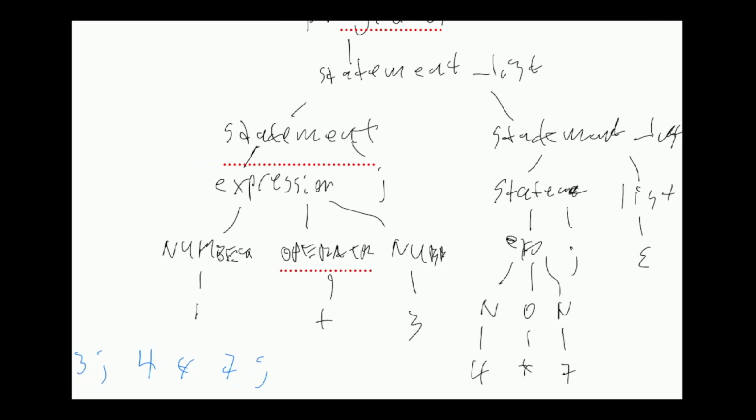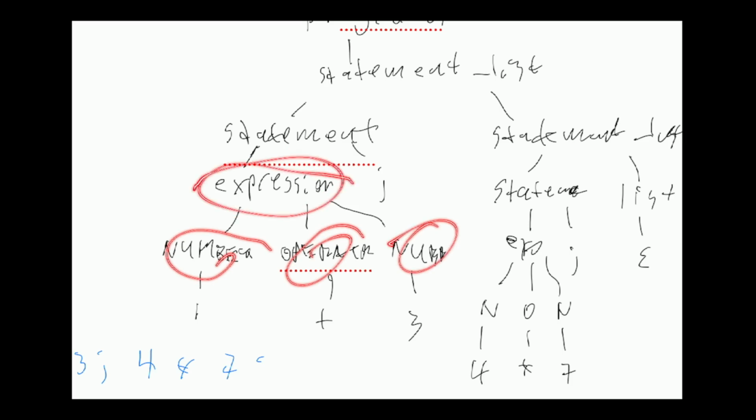So what we're going to do when we traverse this tree is, when we see that we have a valid statement, we know that we're going to have an expression, and so in order to generate the assembly code for the expression in the statement, we can just look at the child tree. And whenever we have an expression, we know we're going to have a number followed by an operator followed by a number.